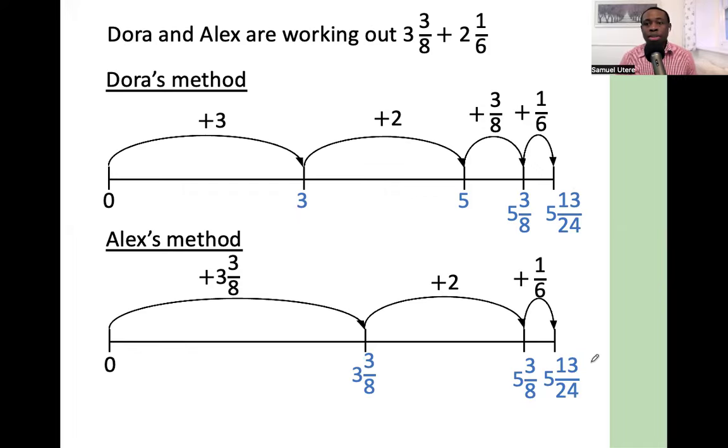I would tell you this: for me, in this context, I would prefer Dora's method. However, I favor the method where I would convert if I'm not dealing with very big numbers involved in the mixed numbers. I would usually convert them to top-heavy fractions and work with them the way we did it here.